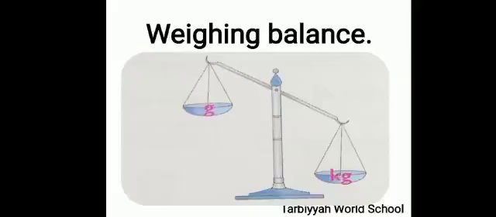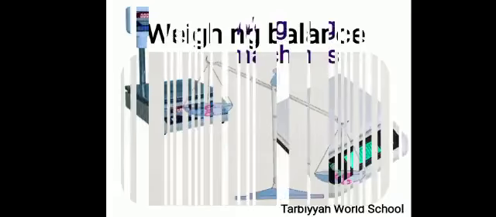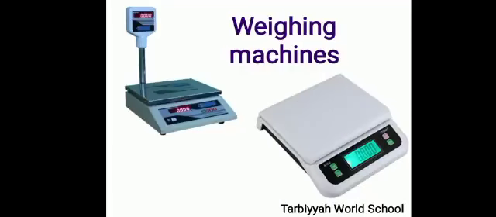Okay, see, now you can see this picture is of weighing balance. Okay, we can use this, and mostly this weighing balance used by fruit sellers, vegetable sellers. Okay, these are the weighing machines. These weighing machines are used mostly in the stores, general stores.